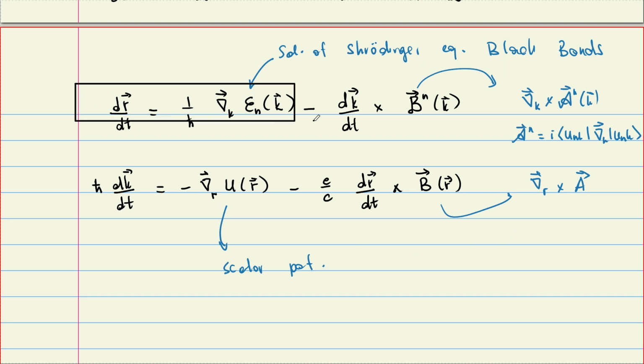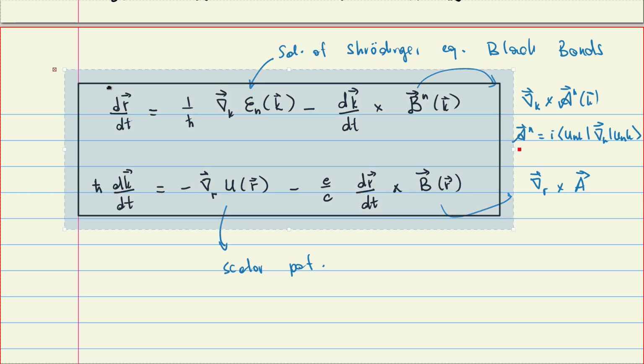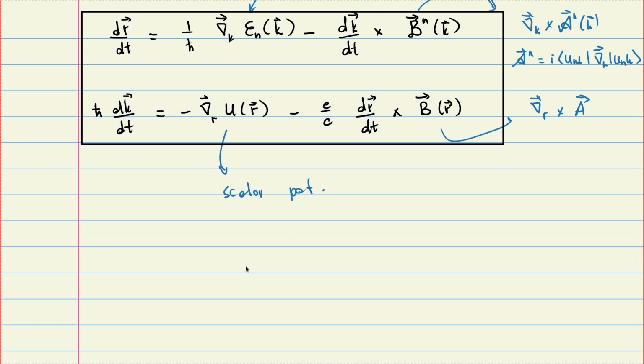So let me finish with one last observation, to consider the symmetries of this equation, which tells us a little bit about what to expect and when to expect. Once we have these equations, we can consider their symmetries, but I want to start with the symmetries of the classical equation of motion, Newton plus Lorentz.